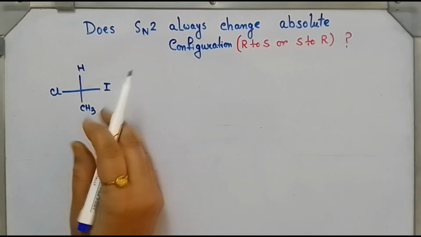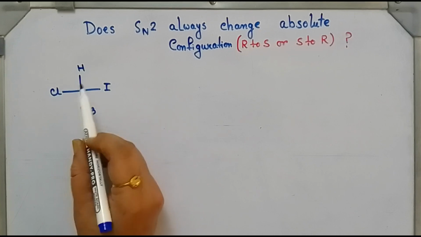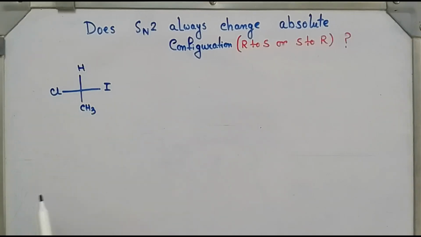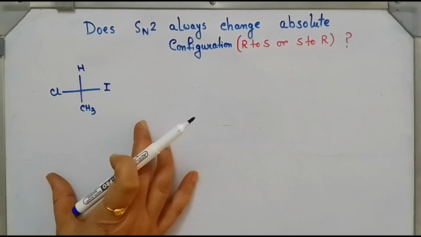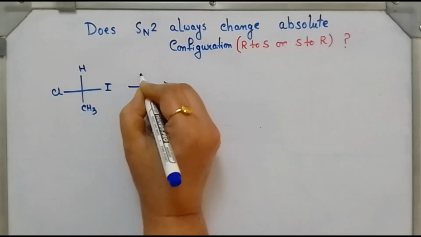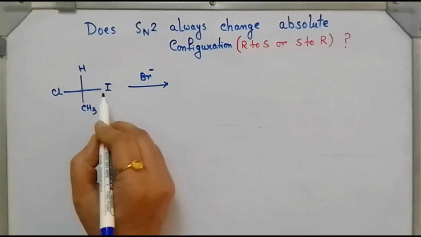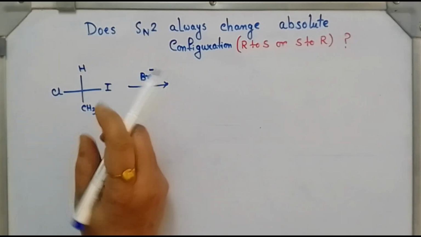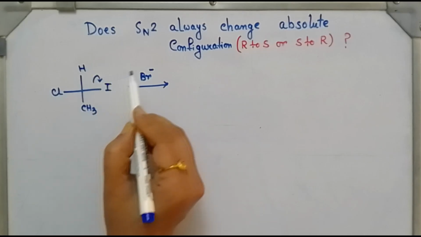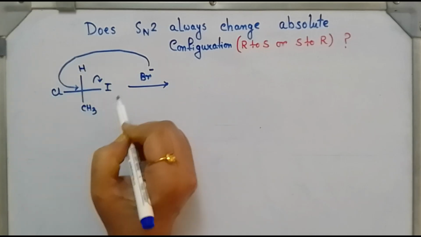Now see, this is one optically active halide. This is a chiral carbon because 4 different groups surround this carbon. So this is your optically active halide. If you treat it with Br minus as the attacking nucleophile, there are 2 leaving groups, Cl and I. Since I is a good leaving group, this bond breaks and Br minus will attack from the opposite side with respect to this leaving group.